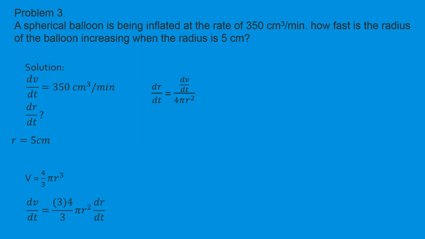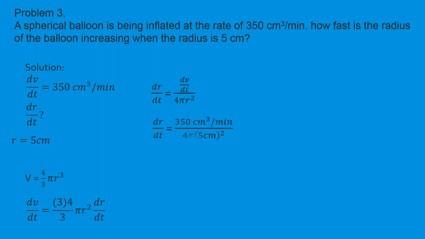Then dividing both sides by the quantity 3 times 4 over 3 pi r squared, we can now have, on one side, only dr over dt, no? On the other side, we have dV over dt over 4 pi r squared, because the 3 and 3 are cancelled out. Okay, so we have 4 pi r squared as the remaining quantity.